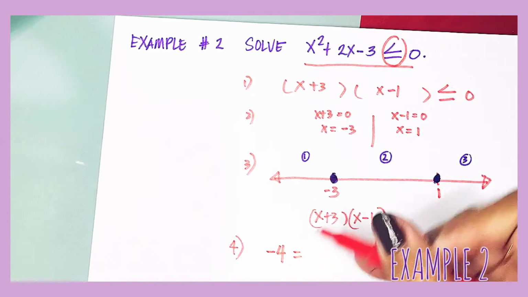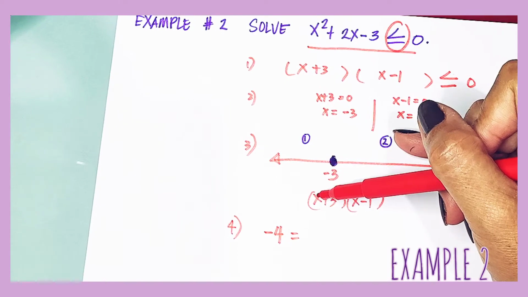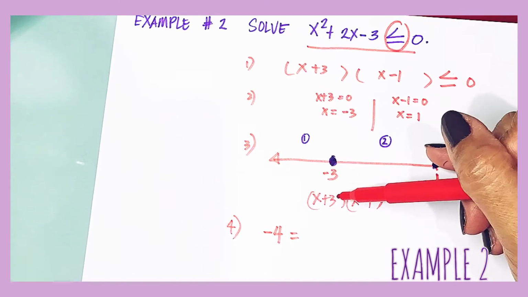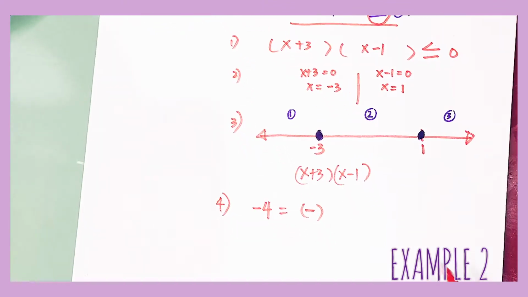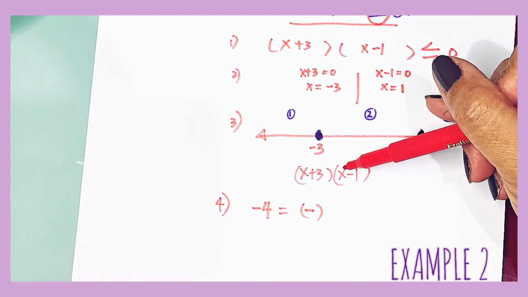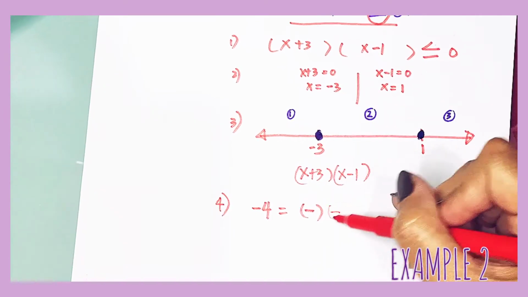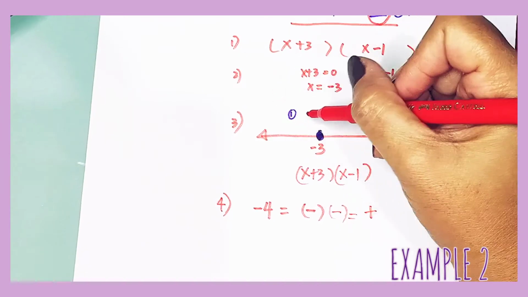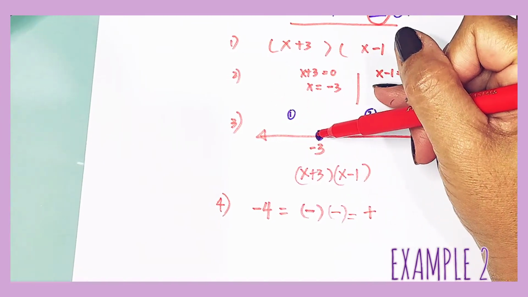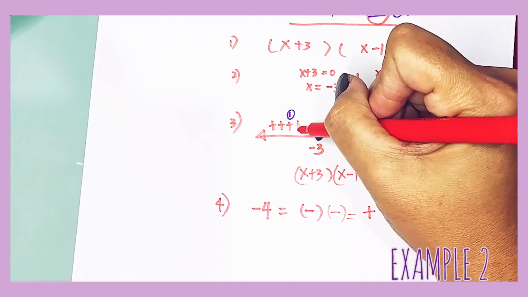If negative 4 is the value of x, negative 4 plus 3 is a negative number. And negative 4 minus 1 is also negative. So, negative times negative is positive. So, the numbers from negative 3 to the left are all positive numbers.